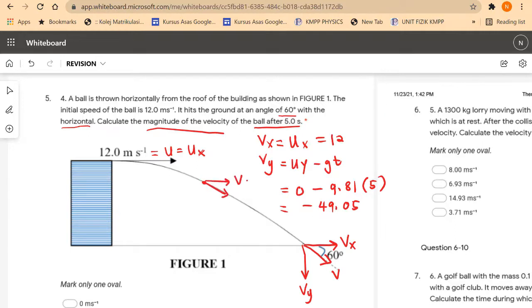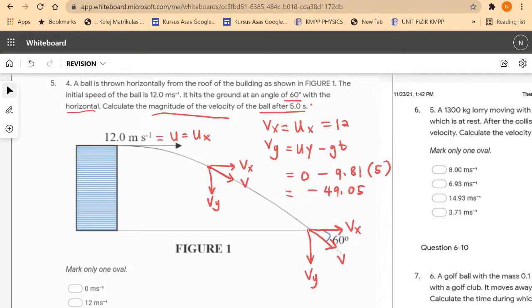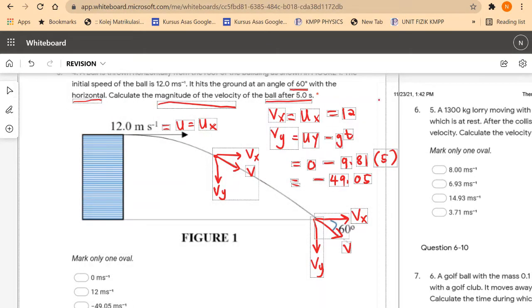This is the Vx, this is the Vy, and then this is the V. So you can determine the magnitude of the V by using V equals square root of Vx squared plus Vy squared.